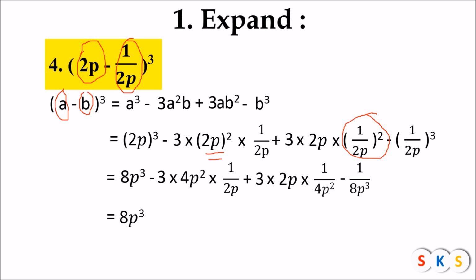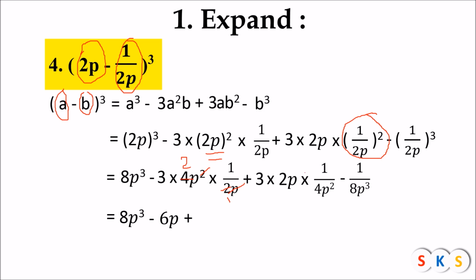Now we will get 8p cube minus, now look over here, how to simplify further. Over here we will cancel one of the p from here. Here 2 ones are and here 2 twos are. After the cancellation what will we get? 3 into 2 into 1, 6p. Plus similarly here also we will do the cancellation.